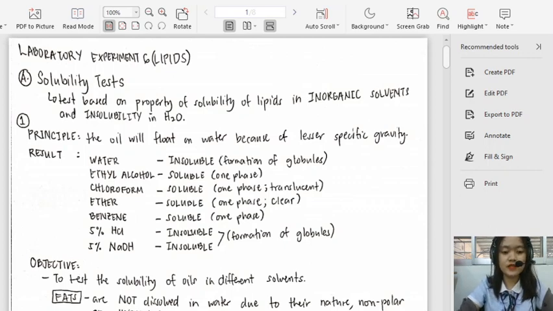Okay. So, let's go to test number 1, solubility test. Ang procedure ng solubility test, you will see. Meron siyang dalawang subtest, yung subtest 1 and subtest 2. So, magkaiba-iba rin yung ginamit na reagent and sample.